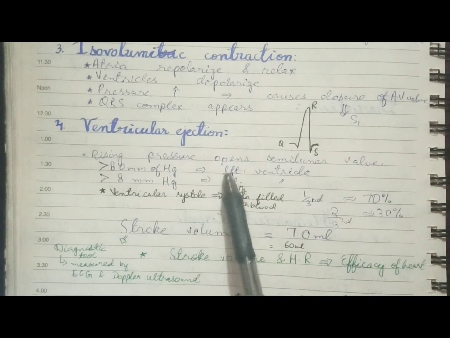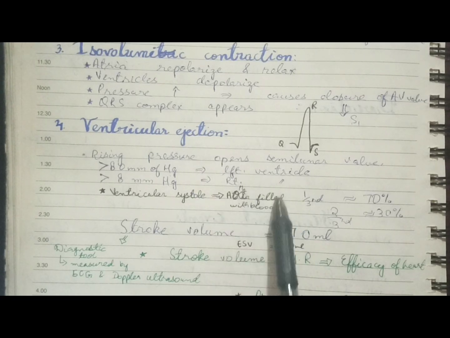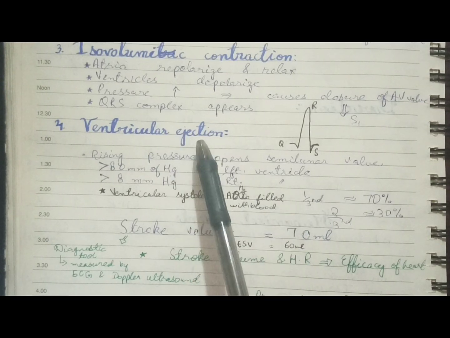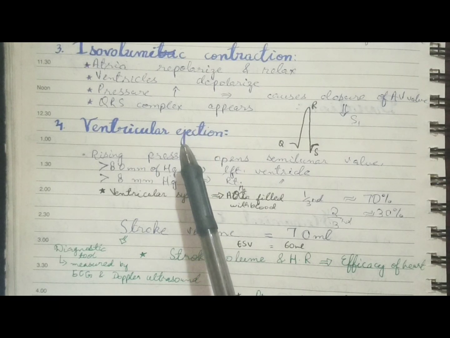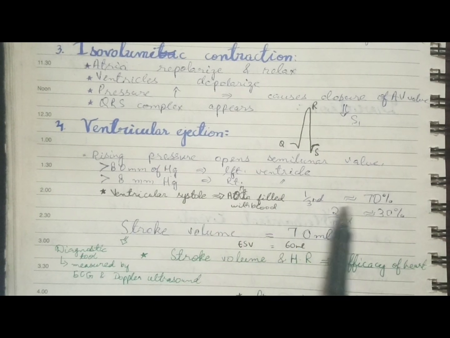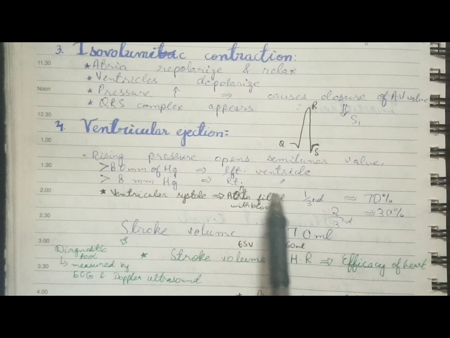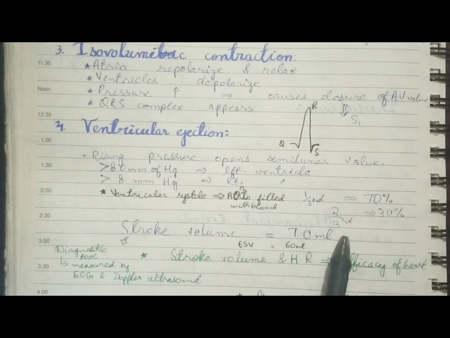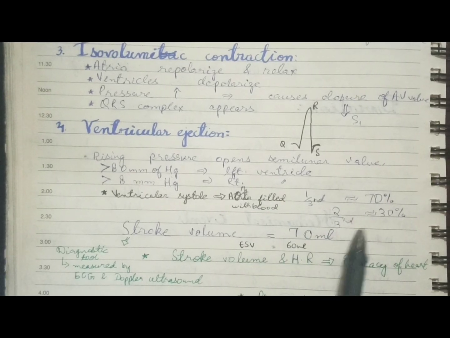In ventricular systole, the ventricles will contract and the aorta will be filled with blood. The ventricular ejection period has the rapid ejection, then the slow ejection. About 70% of the blood is pumped into the aorta through the rapid phase, and the rest is pumped through the remaining phase.